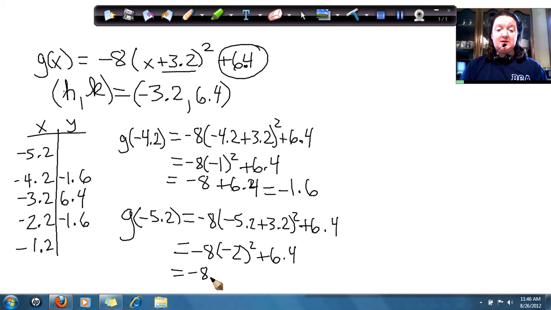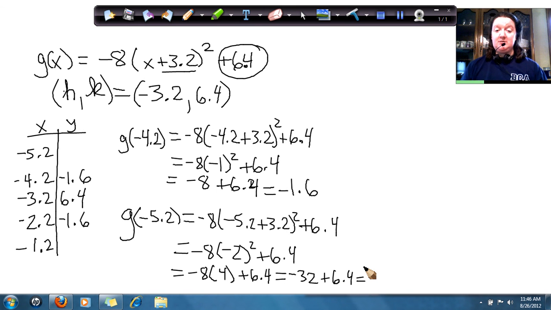Negative 2 squared is a positive 4, so negative 8 times 4 gives me negative 32, plus 6.4.